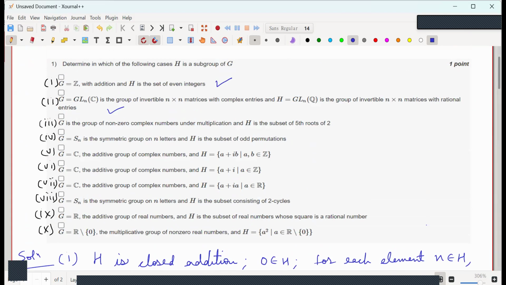So what about the fourth one? Sn is a symmetric group on n letters, and H is the set of odd permutations. In the lecture notes, you have already got familiar with the symmetric groups.